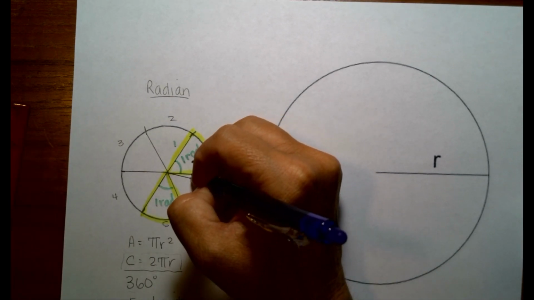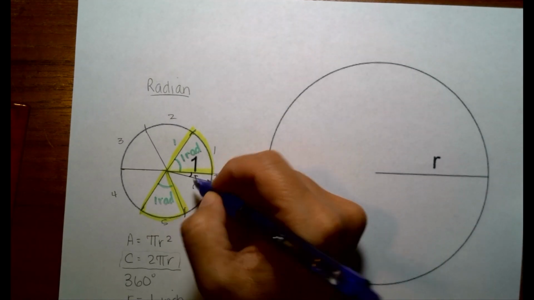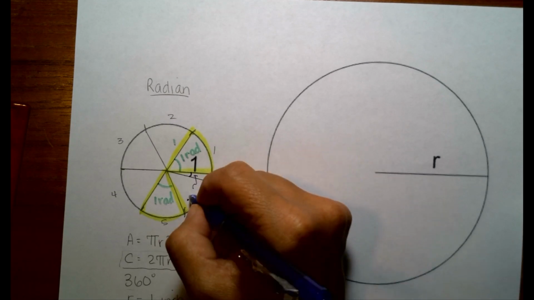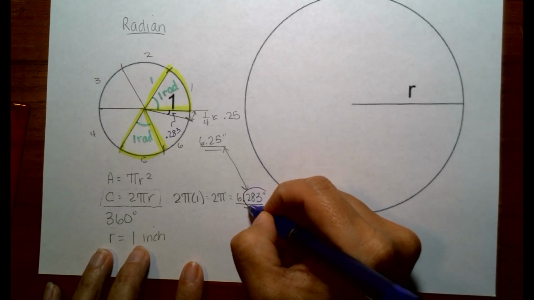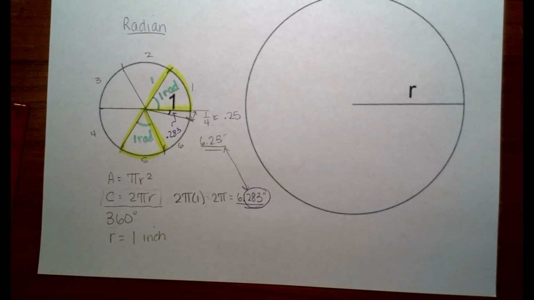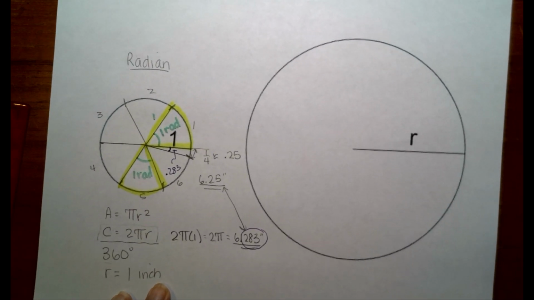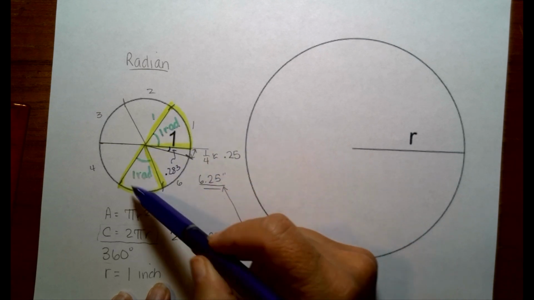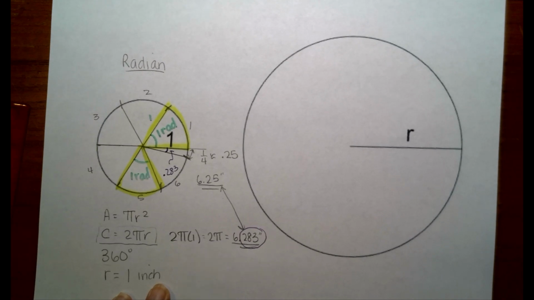but then we have this little tiny part here that didn't make it. And so this has to be 0.283 radians, and that comes from the 0.283 part of my calculation. So what we've created is a conversion ratio. If we go all the way around a circle with a radius of 1, then it's the same as 2 pi.